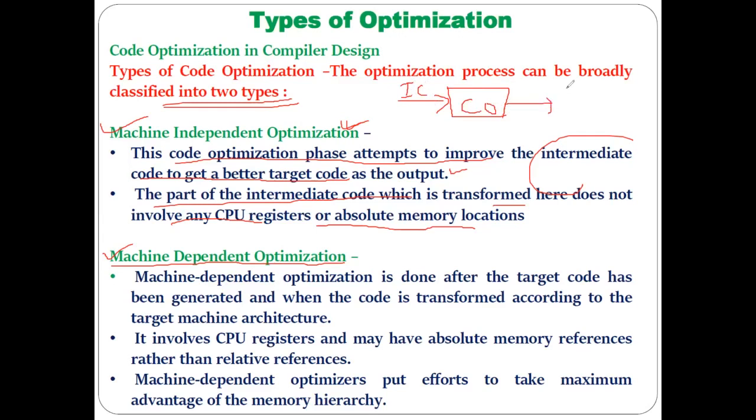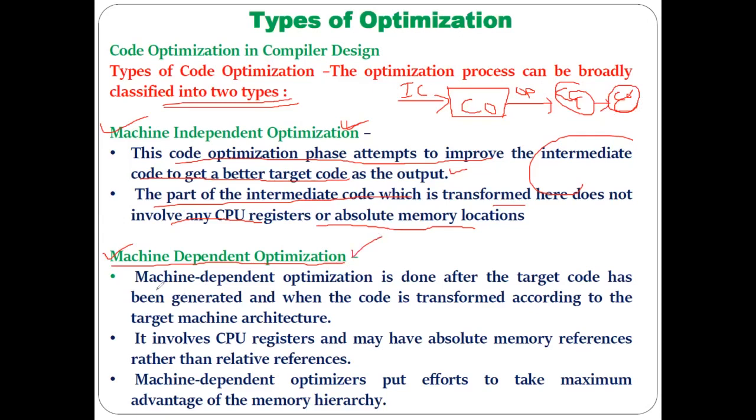Then next we have code generation. To generate the code, optimized code is sent from the code optimizer phase. And after code generation also, code optimization can be performed. The code optimization which is performed after code generation is called machine dependent code optimization.